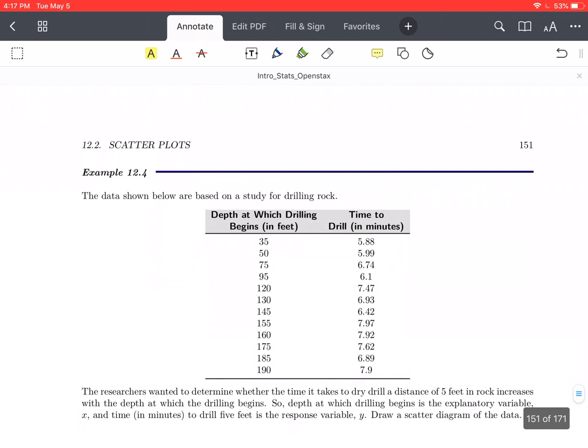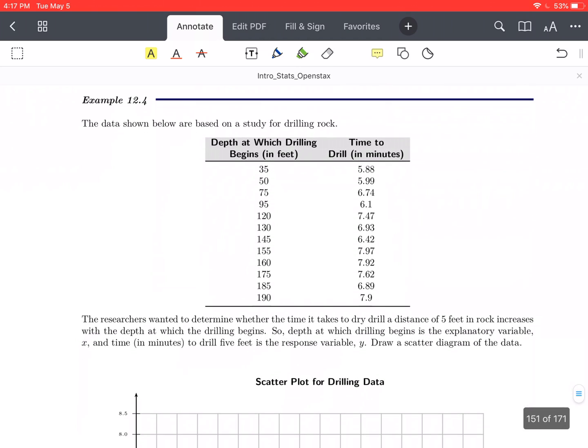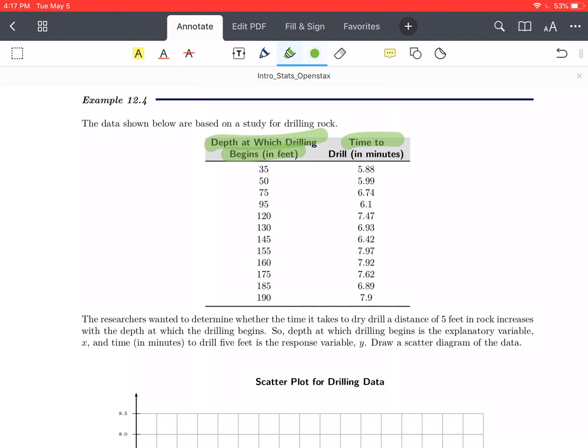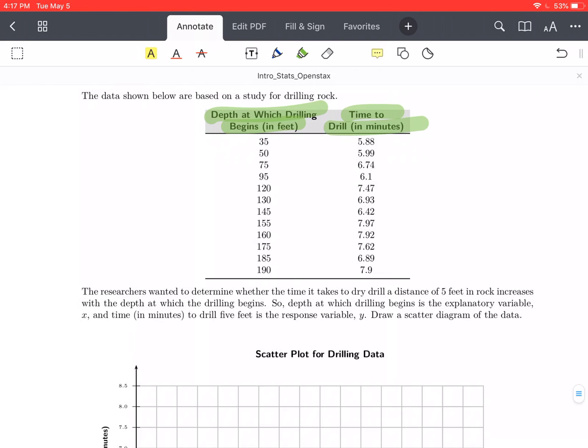Let's look at this example. The data shown below are based on a study for drilling rock. Here we have the depth at which the drilling begins and the time that it takes to drill. The researchers want to determine whether the time it takes to dry drill a distance of 5 feet in rock increases with the depth at which the drilling begins.